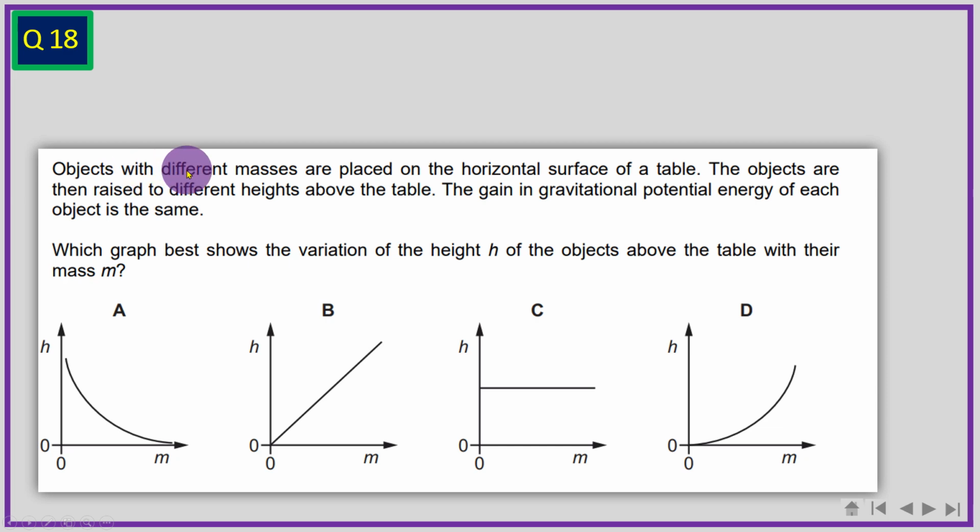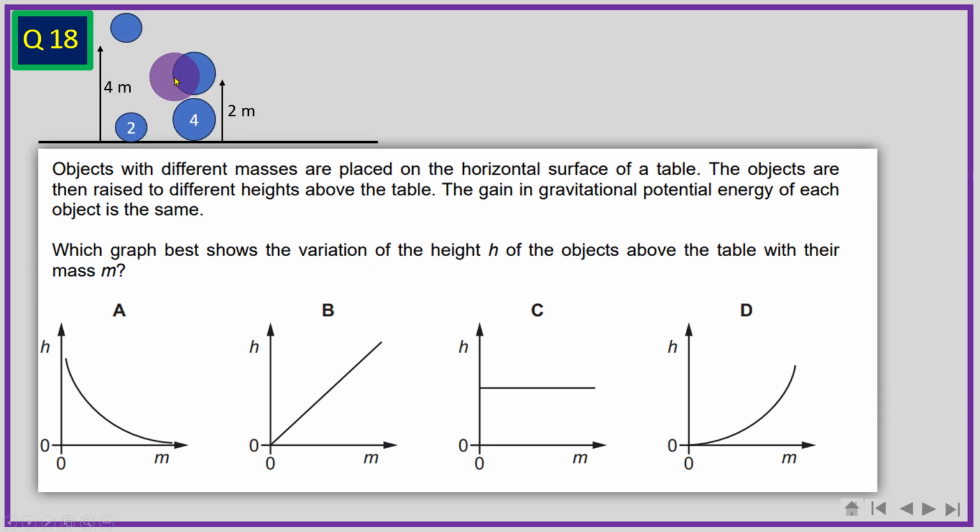Objects with different masses are placed on the horizontal surface of a table. The objects are then raised to different heights above the table. The gain in gravitational potential energy of each object is the same. Which graph best shows the variation of the height of the objects above the table with their mass m?